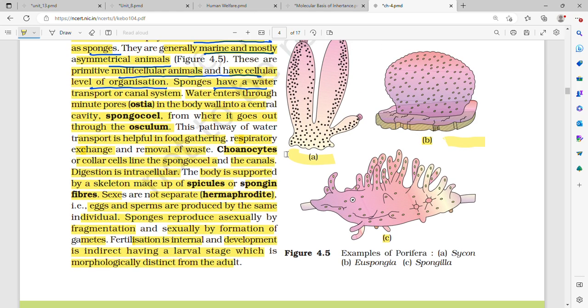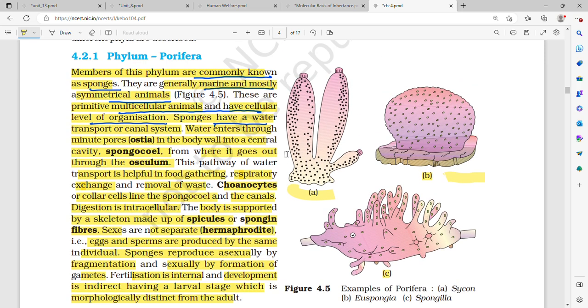Euspongia is bath sponge. They are primitive, multicellular, they have cellular level of organization, and they have a water transport or canal system.